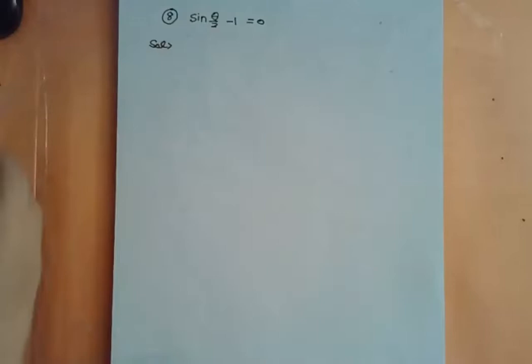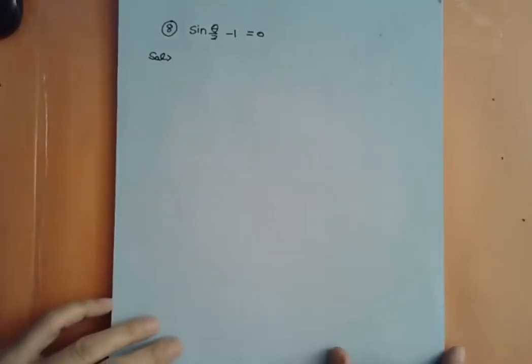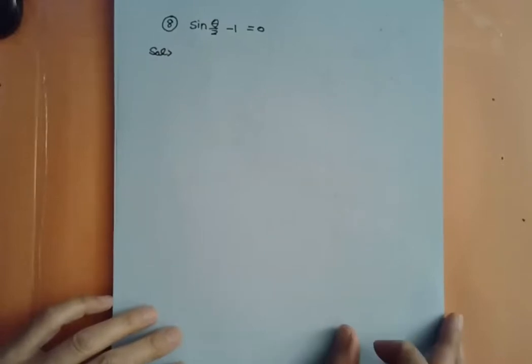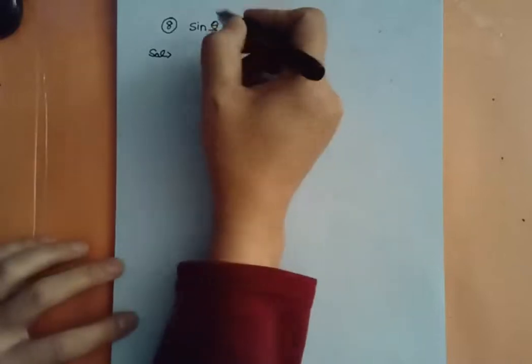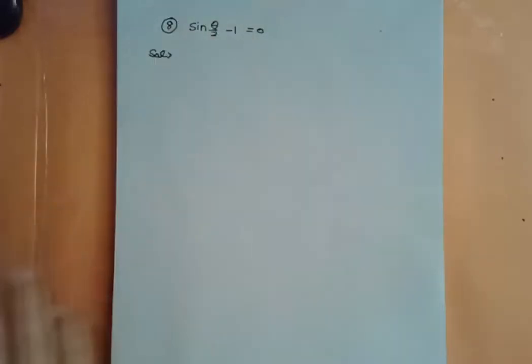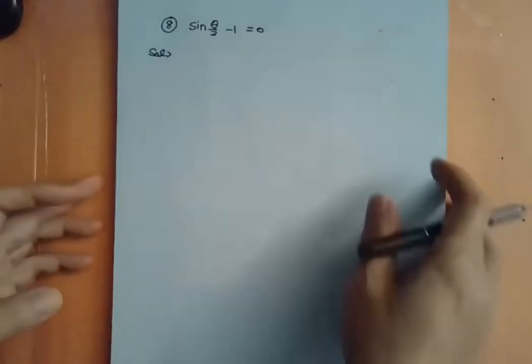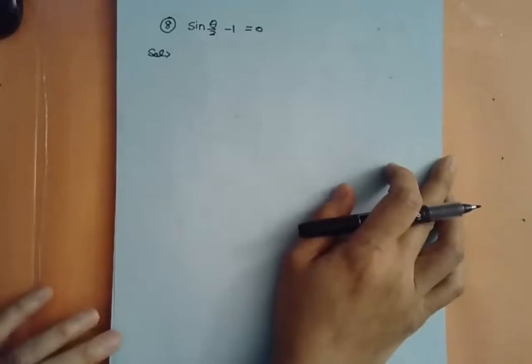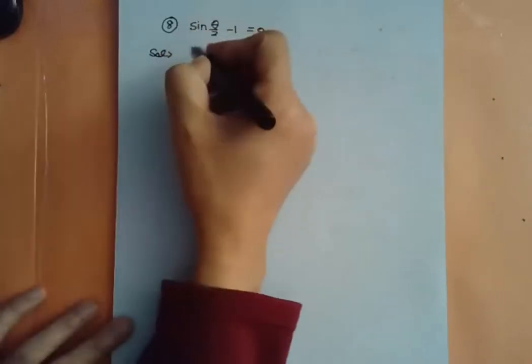The pattern of the problem is quite similar to what we did previously. The only difference is we have theta over 2 instead of theta. So the working principle will be similar.